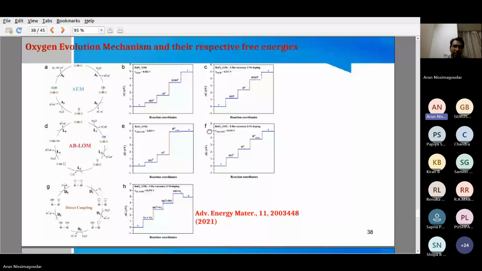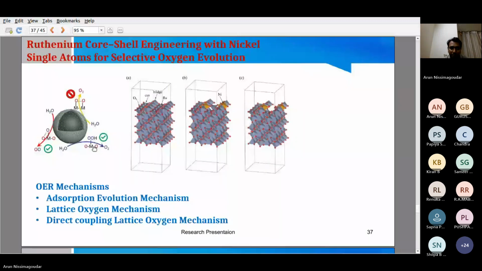You can see that in oxygen evolution there are different types that happen. One is that it takes the oxygen from the alkaline solution only. But there is another that is usually called the adsorbate evolution reaction.